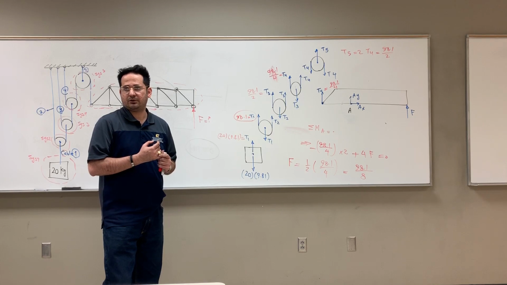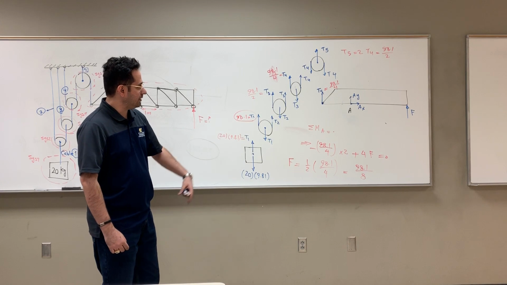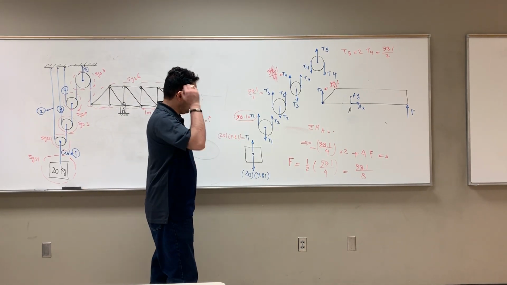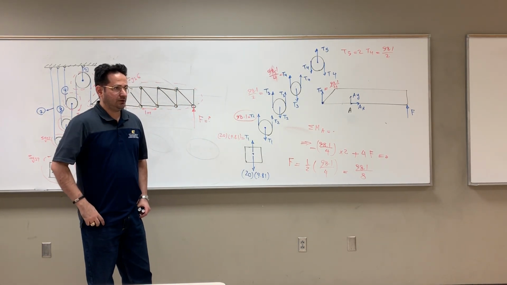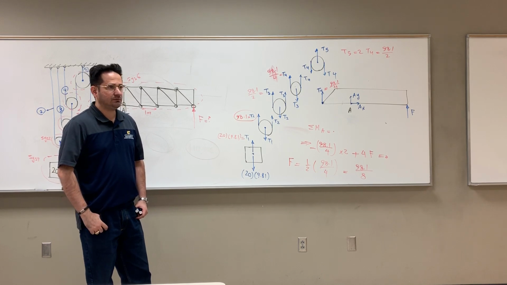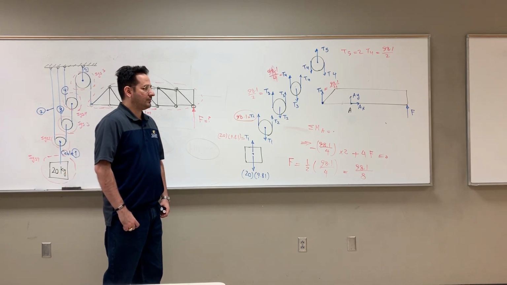Any idea? Let's say I get this data, and then I want to see if my answer is right. You could back substitute, and then if you get 20 times 9.81 at the end, it'd be right. Yeah, you can do that.